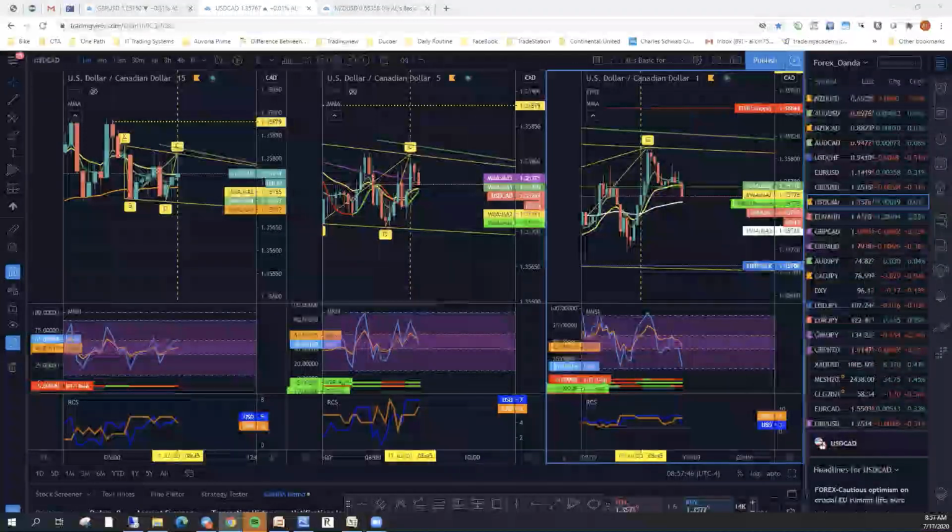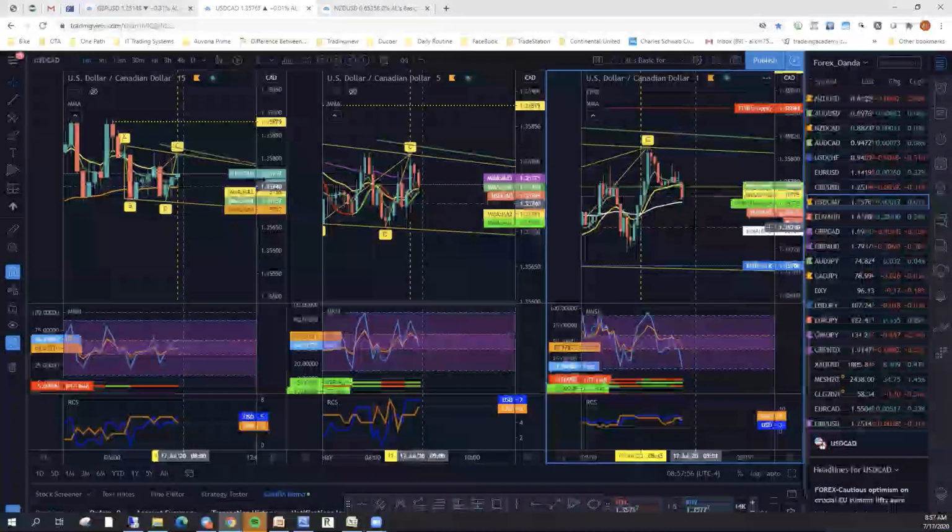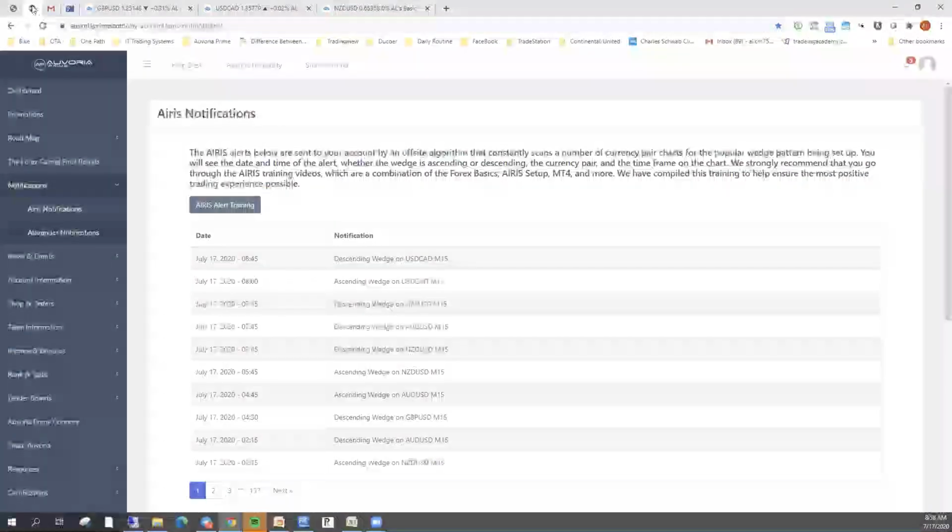It went to target and it's kind of slowly retracing back. Okay. The pound US, I got an alert on that, didn't even know it. Had a great fall away. Of course, it's kind of now flattening out again. We get another alert on pound US? It wouldn't surprise me if we get a new one.